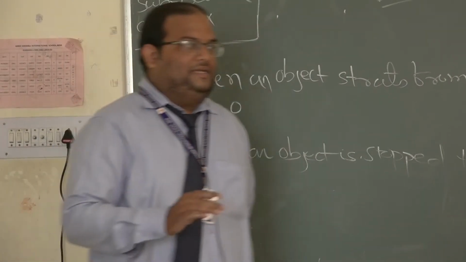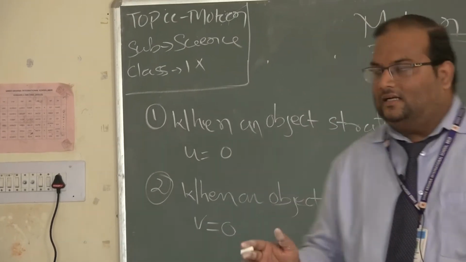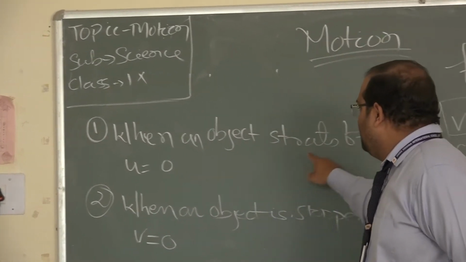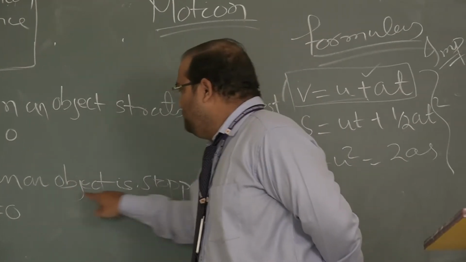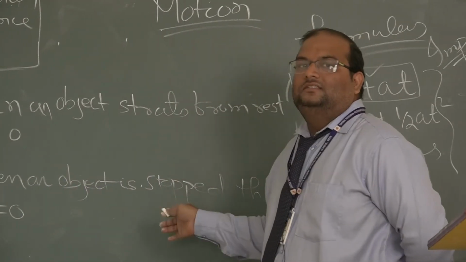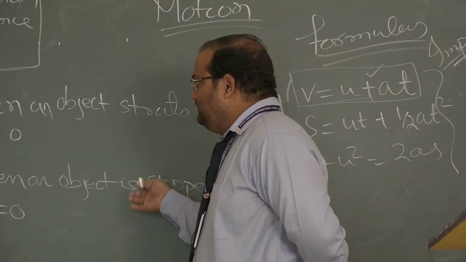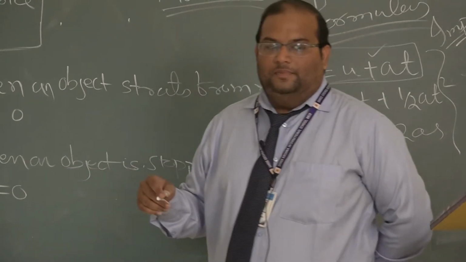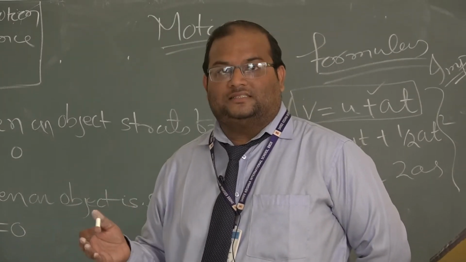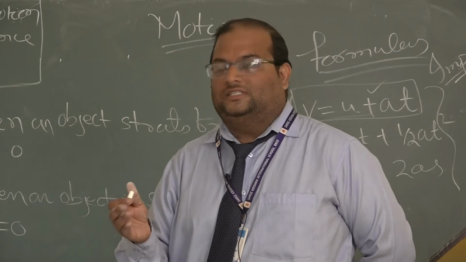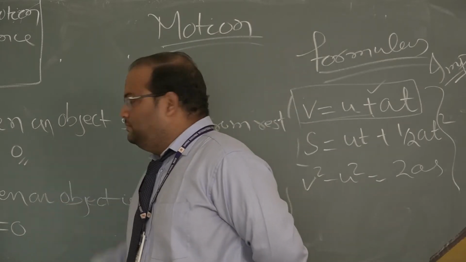You just get it clear that when an object starts from rest, then initial velocity is equal to 0. When an object is stopped, then the final velocity is 0. That means if you are riding a bicycle for school, now you are starting from rest, that means your initial velocity, u, is equal to 0.